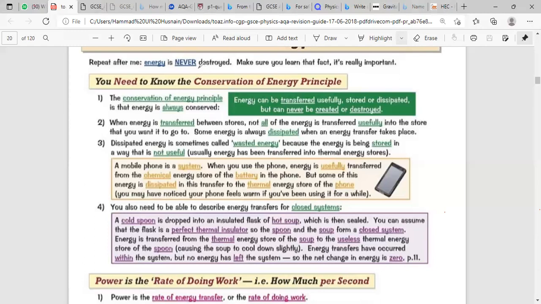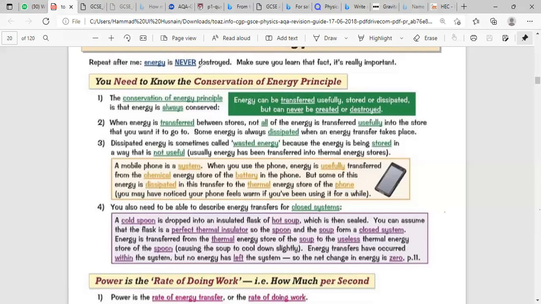You turn a laptop on for quite a while, and after some time the laptop gets heated. Most of the energy is converted to the useful energy store of the laptop, but some of the energy is converted to the heat energy of the laptop, and that heat energy is not useful for us. Are you getting my point? So this energy which is converted to the heat energy of the laptop is called wasted energy or dissipated energy.